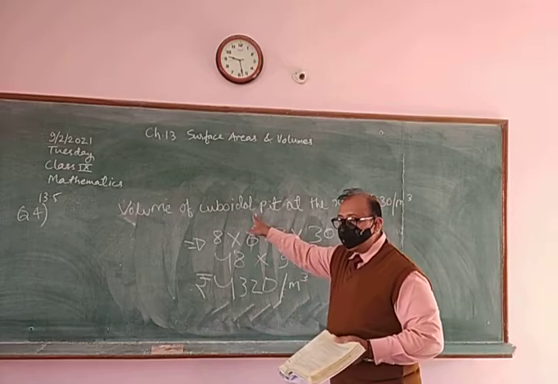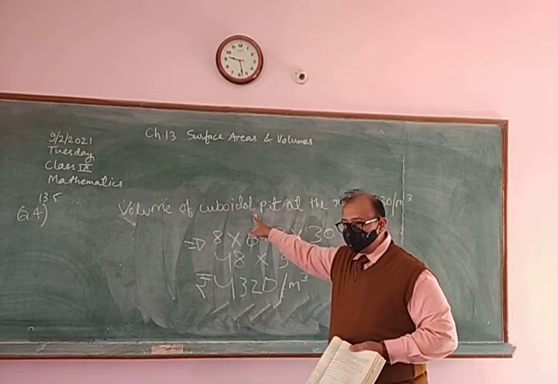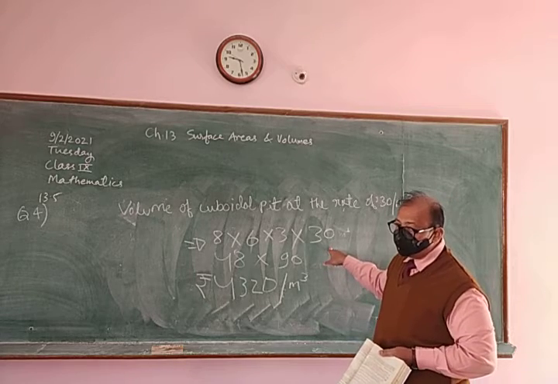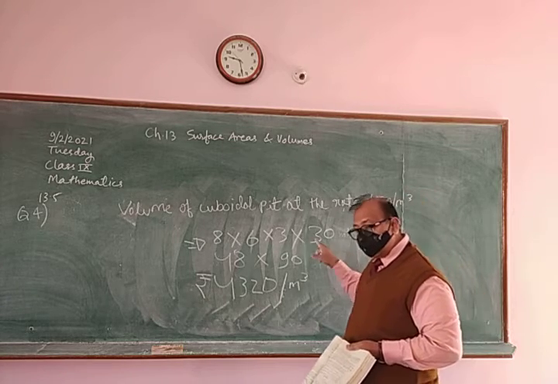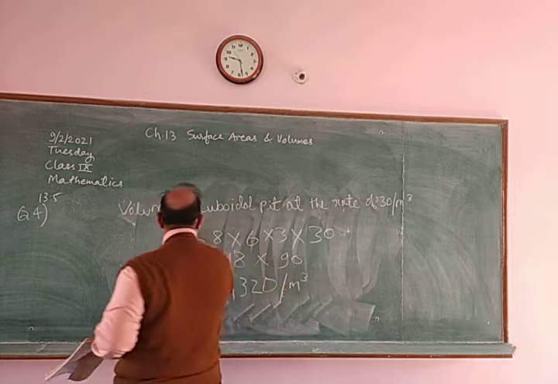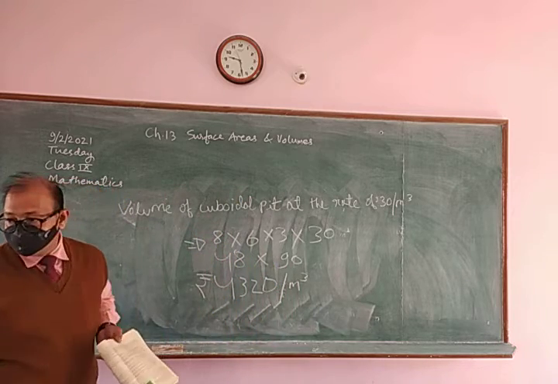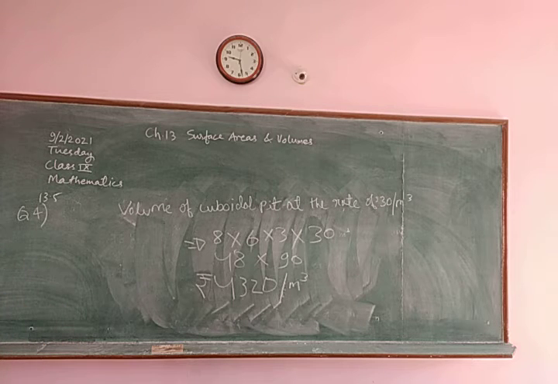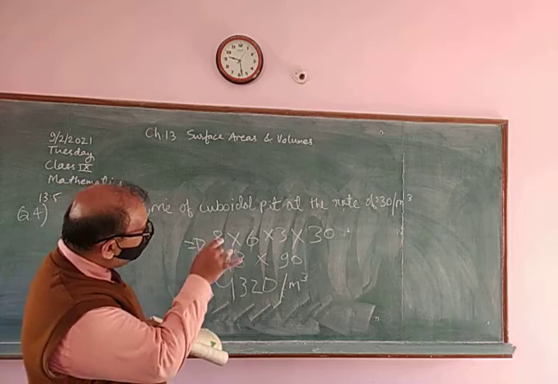And you are writing volume. So first you find the volume and then find the cost. Otherwise you have to write the cost of digging a cuboidal pit.